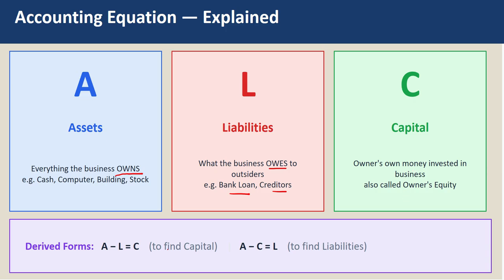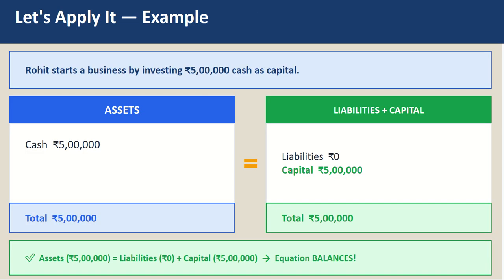The other forms of the equation are: in order to find the capital, you can subtract liabilities from assets, and in order to find the liabilities, you can subtract capital from assets. With this, we'll see an example that's given in your textbook, which is Rohit starts a business by investing 5 lakh cash as capital. So what happens here?